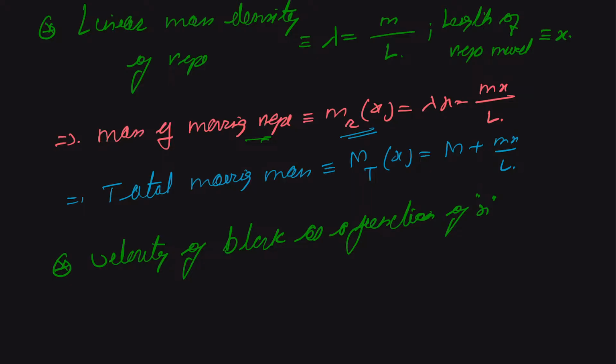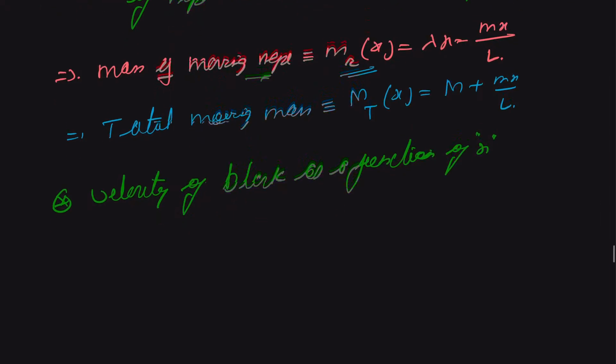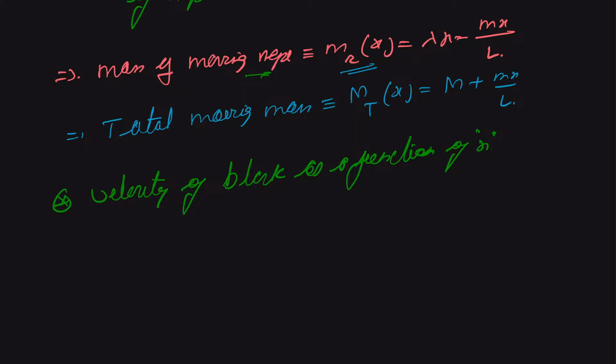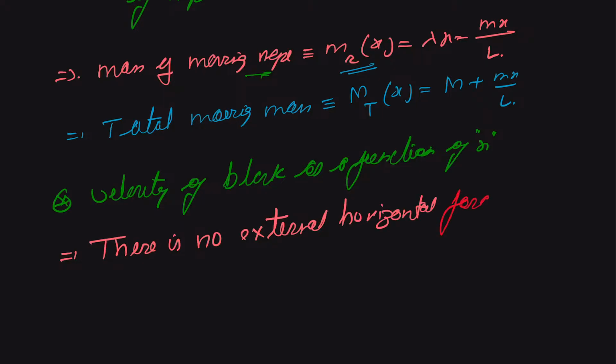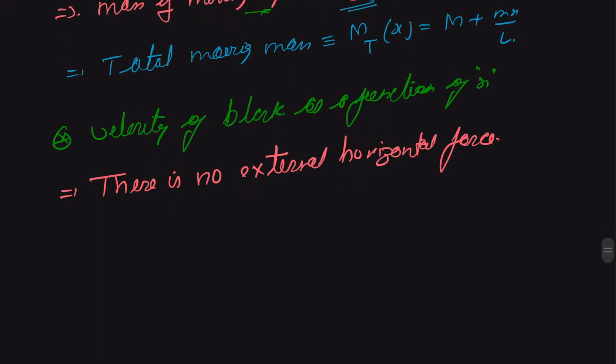and there is no external horizontal force, only a small impulse is applied. So obviously the horizontal momentum is going to be conserved. There is no external horizontal force, therefore the horizontal momentum is conserved.